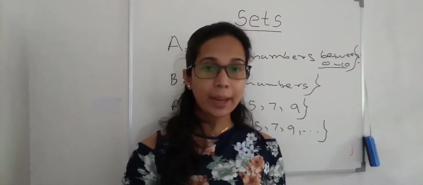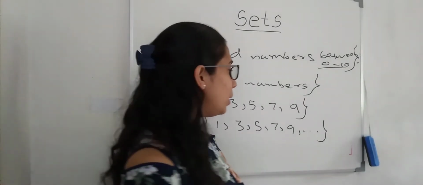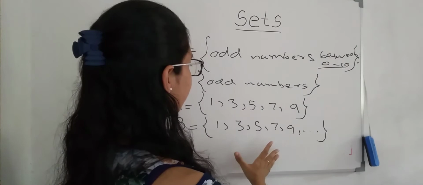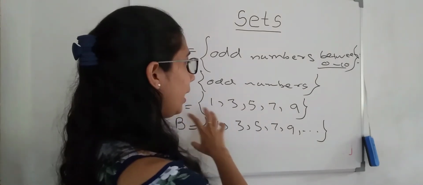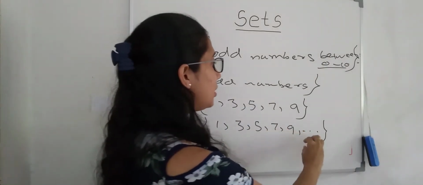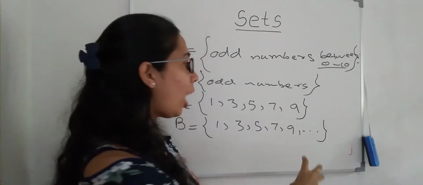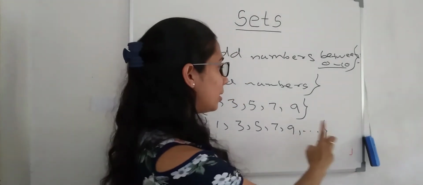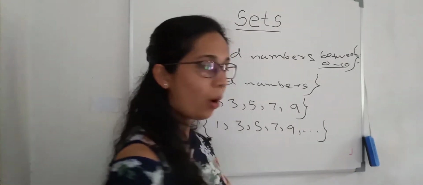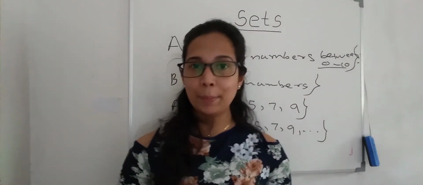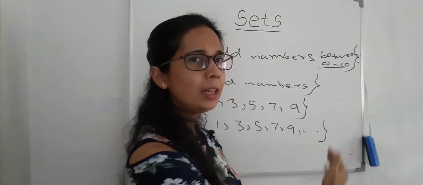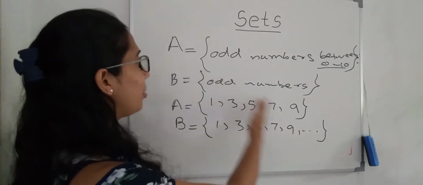Can you see here after some elements of the set B, I put 3 dots. So what is meant by these 3 dots? These 3 dots denote the rest of the elements. It means we can write many more elements for the set B.